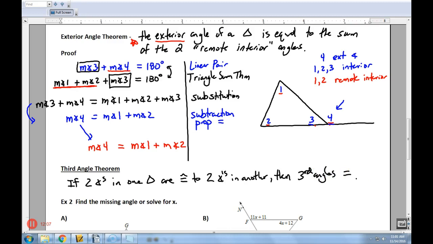I'm going to wait and talk about this as it comes up in a problem. But if you have two angles in one equal to two angles in another, then the third angles are going to be congruent as well.